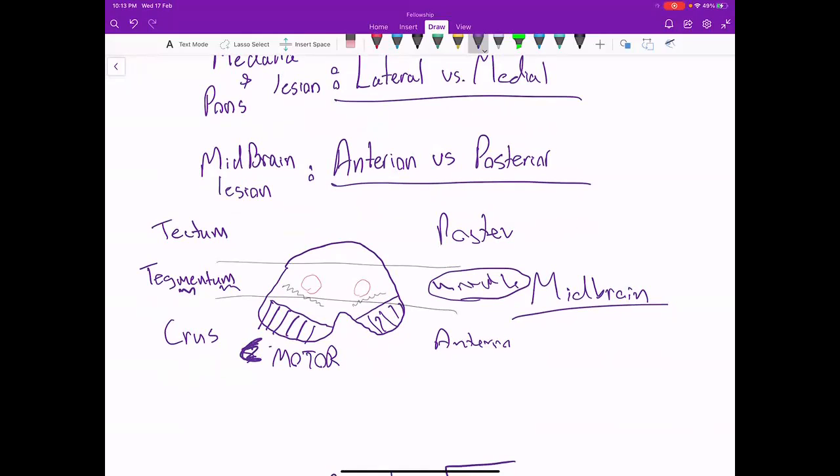So if you have, let's say, a right-sided lesion in the midbrain, a lesion in the brainstem will affect the corticospinal tract ipsilaterally or contralaterally? Contralateral. Contralateral paralysis.